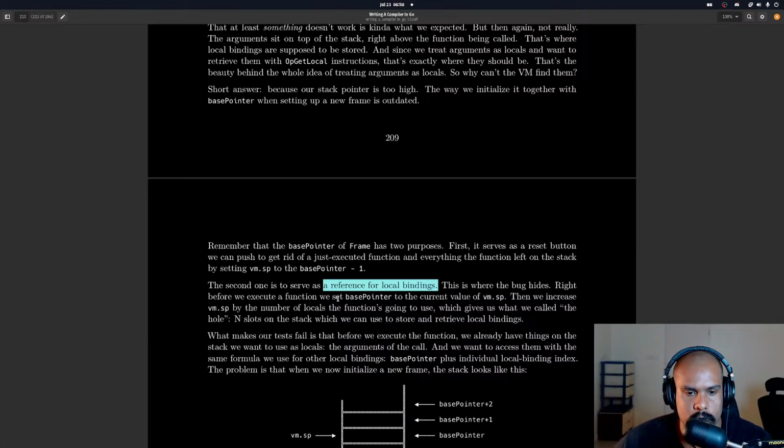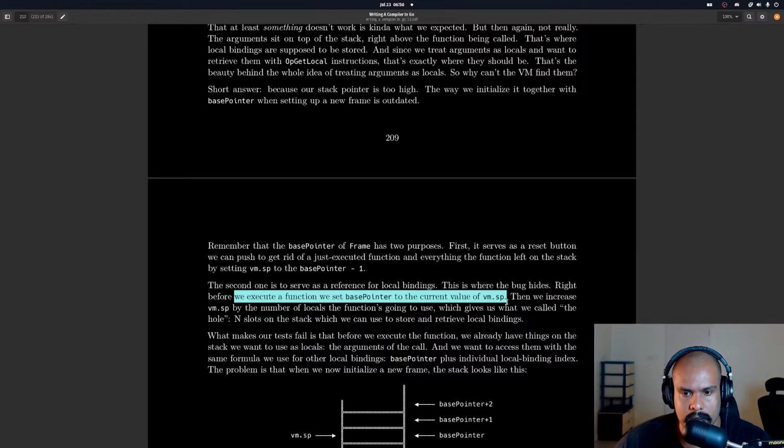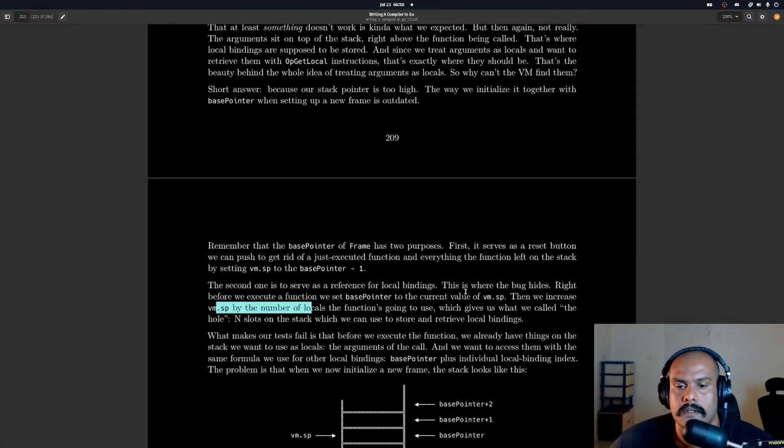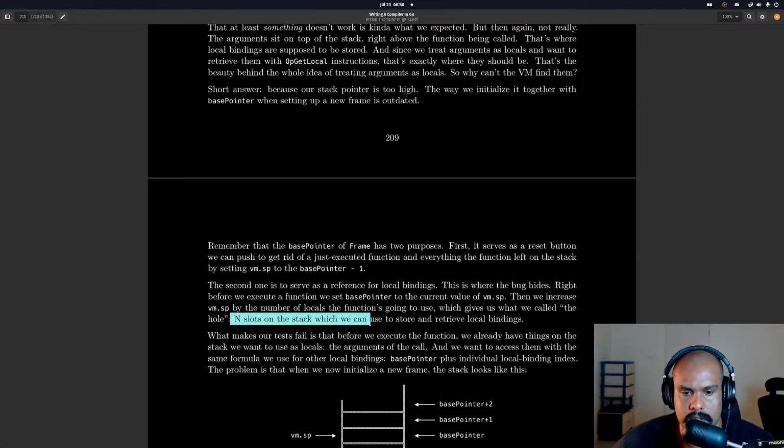Right before we execute a function, we set the base pointer to the current value of vm.sp, which gives us the gap in the stack and slots on the stack which we can use to store and retrieve local bindings.